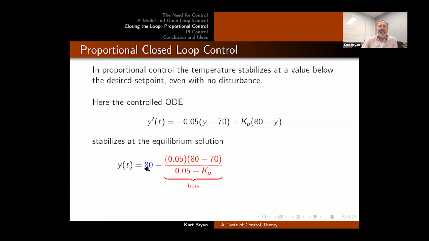It's going to stabilize at 80 degrees minus this expression here, where K sub P is whatever you chose for the cooling constant, or for the proportional gain. In the case we were looking at, where K sub P is 1, it turns out it's going to stabilize at about 79.5 degrees. Now, if you look at this bias expression, you can say, well, we can minimize that bias by just taking K sub P to be something enormous, in which case this whole term will go to 0.